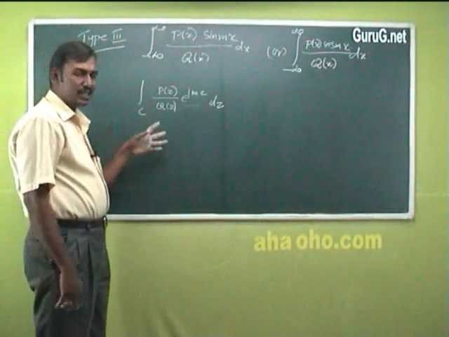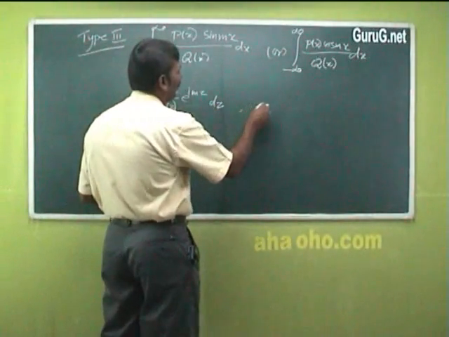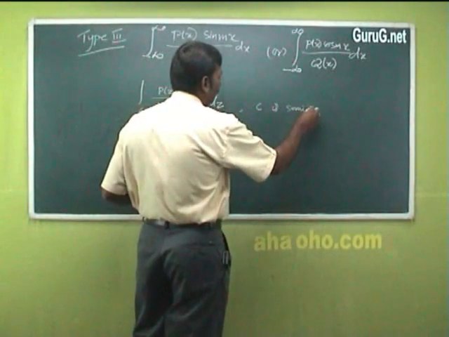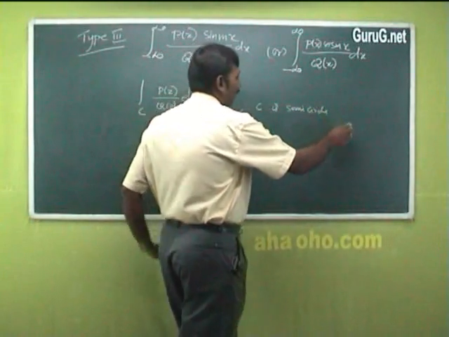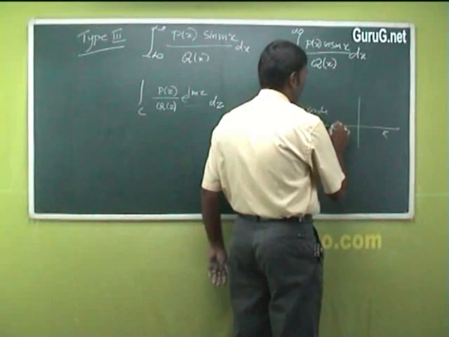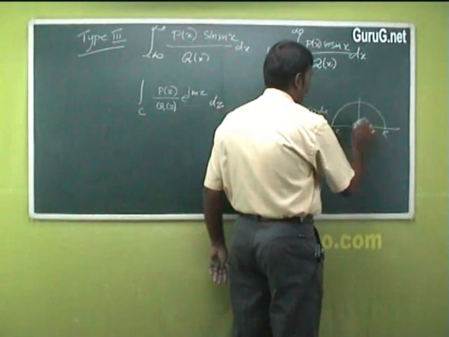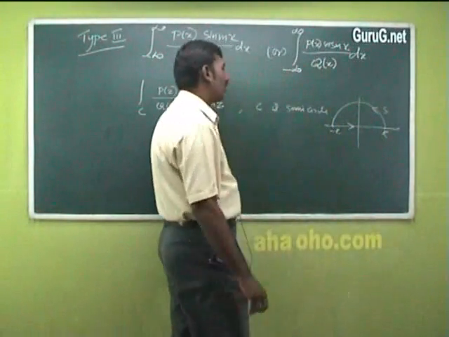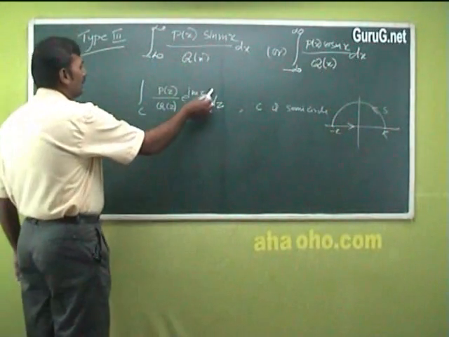But c is the same contour as in type 2. C is a semicircle, from minus r to plus r. Now you can say this is an f of z.